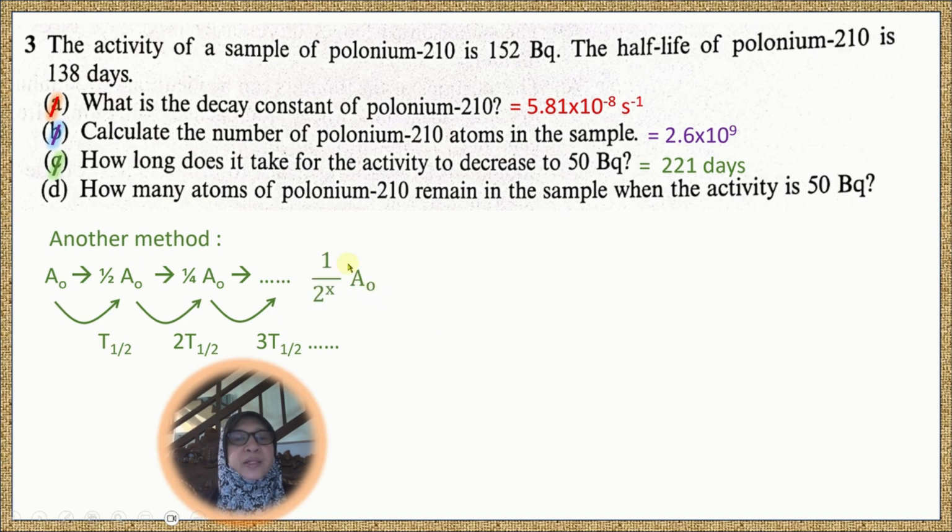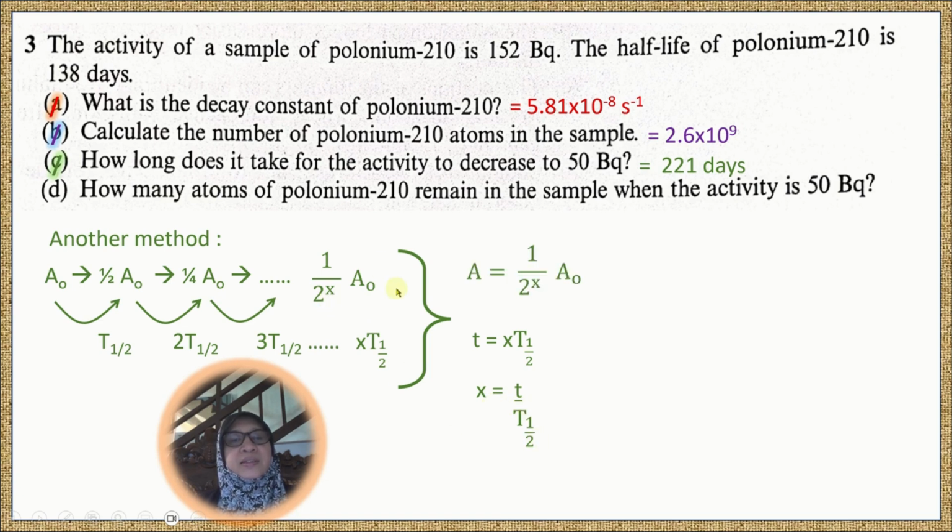So we get the pattern as 1 over 2 to the power of x times the initial activity, and the time taken will be the same pattern as above, so x times half-life. Okay, then this is the time taken, x times half-life, and we get x equals t over half-life.